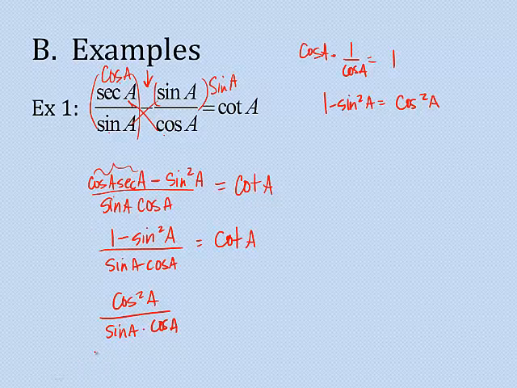That means I have two cosines in the numerator. Cosine times cosine over sine times cosine, right? Well, what's cosine over cosine? Those cancel out, right? What's left over? Cosine of a over sine of a, which is cotangent of a.